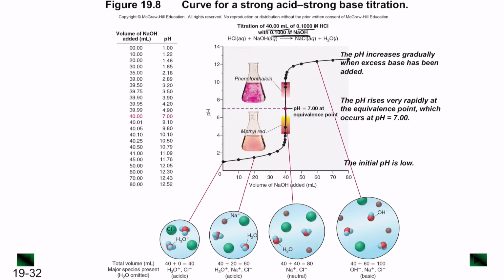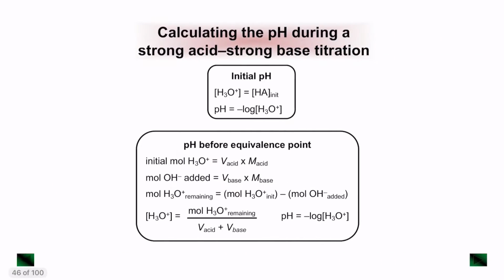As you add more and more NaOH, the pH starts increasing, and at a certain point it increases rapidly and reaches the equivalence point. Once past the equivalence point, the pH rises rapidly and then increases gradually as more base is added. Remember that the pH rises very rapidly at the equivalence point, which occurs at a pH of 7 for strong acid, strong base titrations.